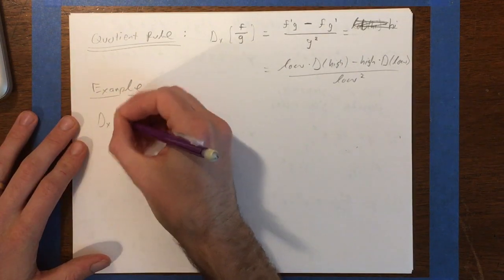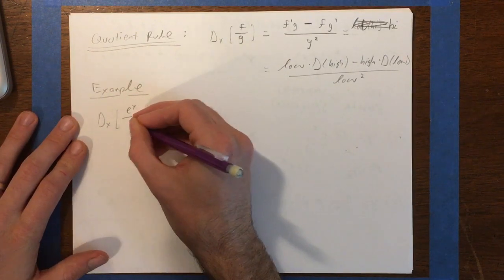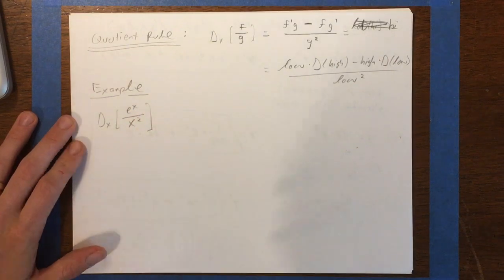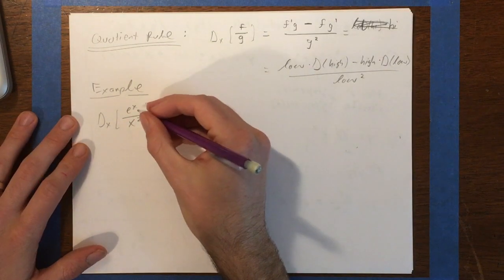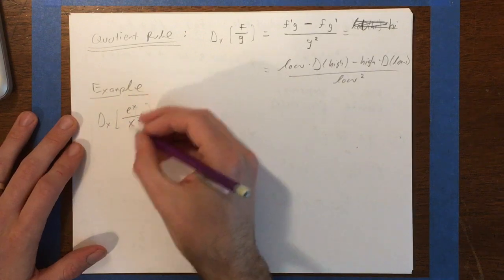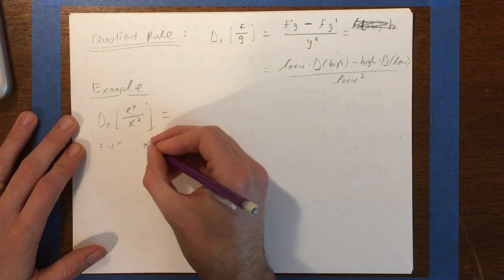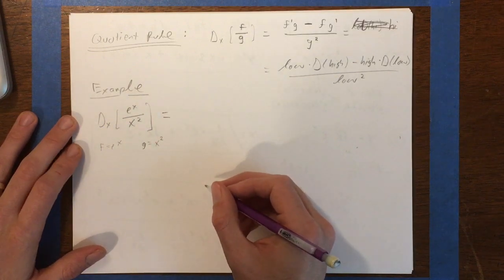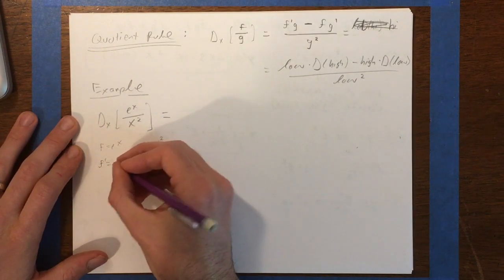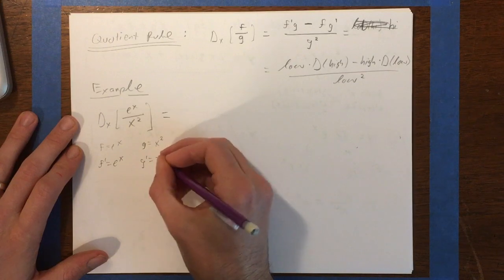Let's do the derivative of the same function we did on the previous video, e to the x over x squared. So here we have our f and our g, right? f is e to the x, g is x squared, and now f prime is still e to the x, and g prime is 2x.